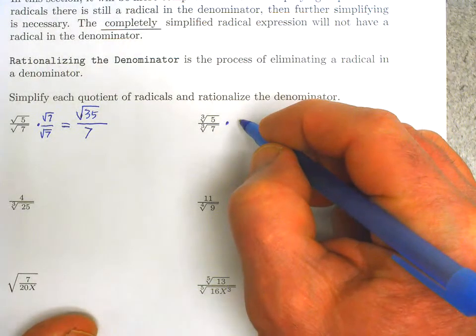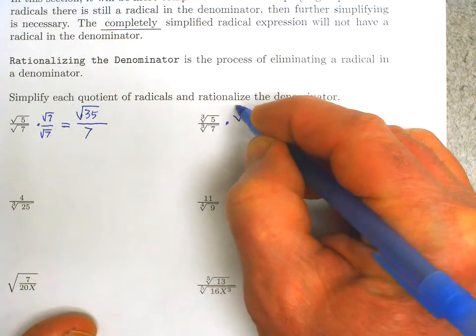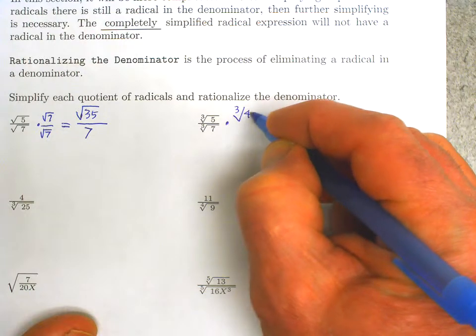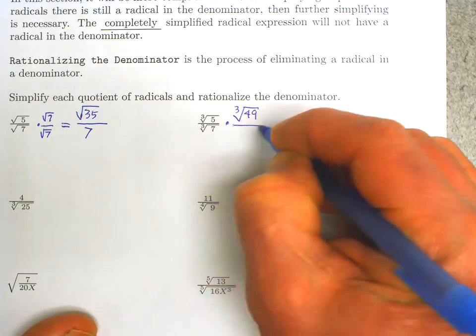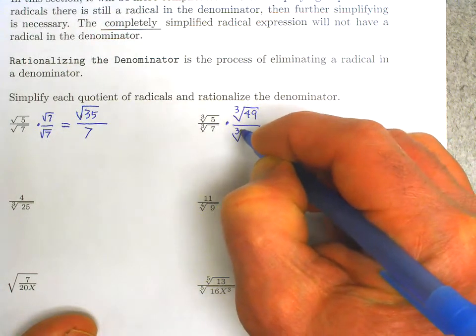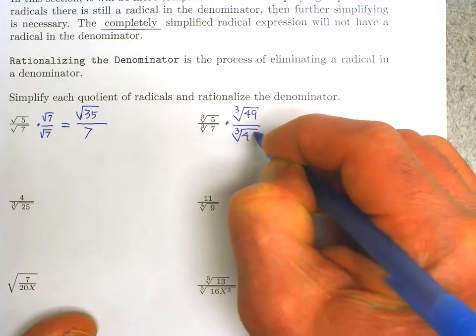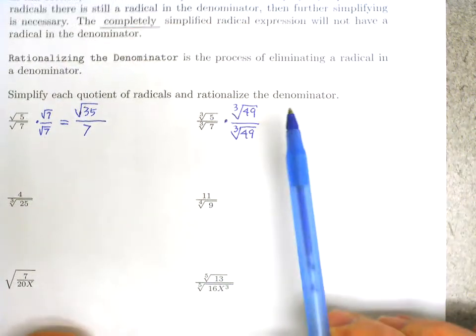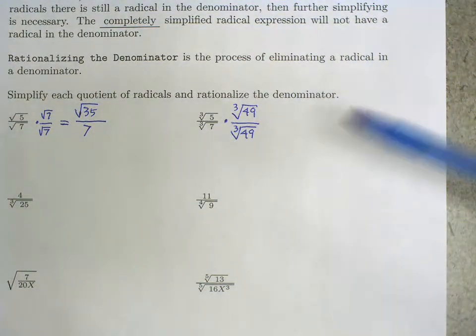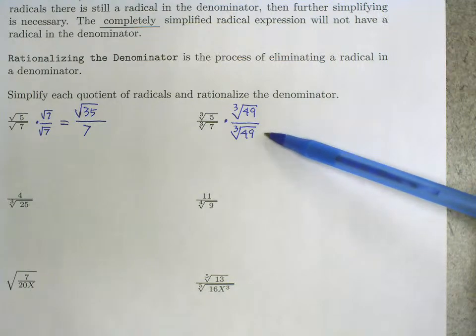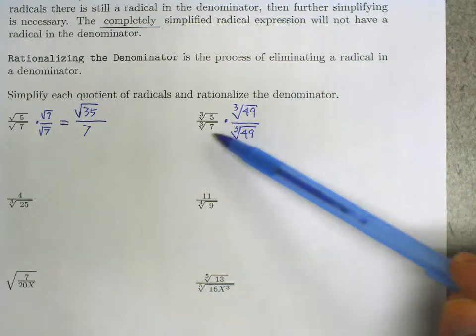We're going to multiply by 1 in the form the cubed root of 49 divided by the cubed root of 49. So once again, we're just multiplying by 1. The cubed root of 49 divided by the cubed root of 49 is 1.